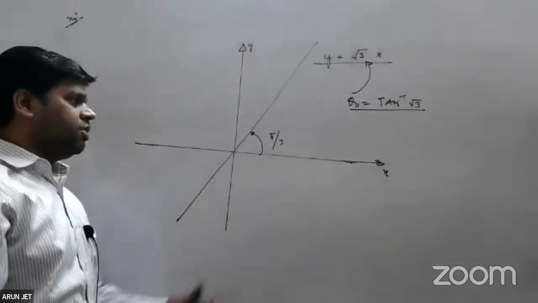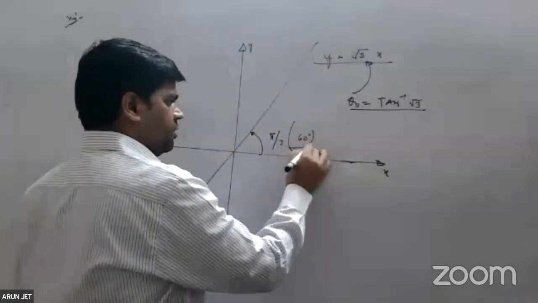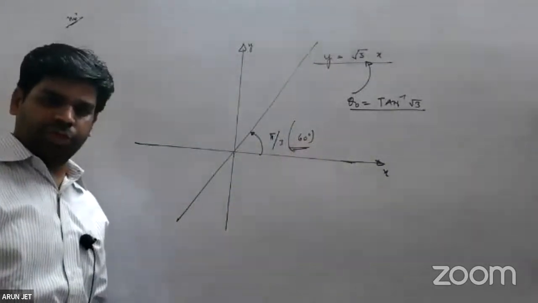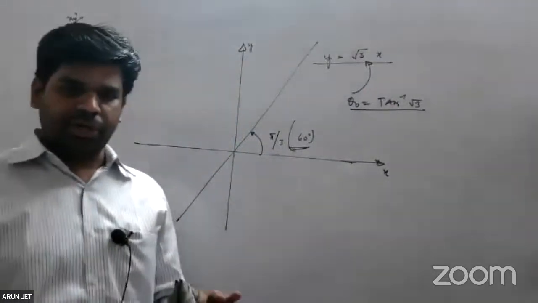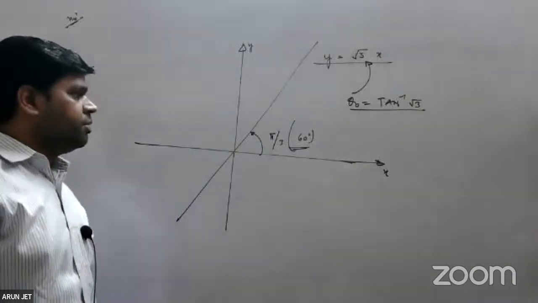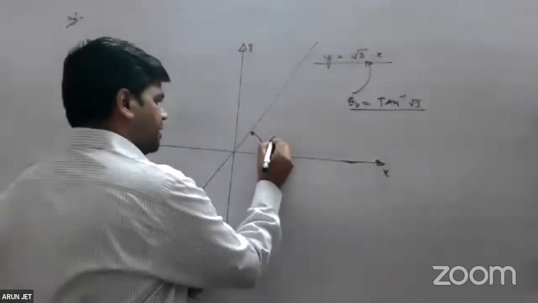It's 60 or pi by 3. Or it could be written as 60 degrees also. Both are okay. You'll see both in problems. It would be 60 degrees or pi by 3 radians. For convenience, I'll just write it as 60 degrees.